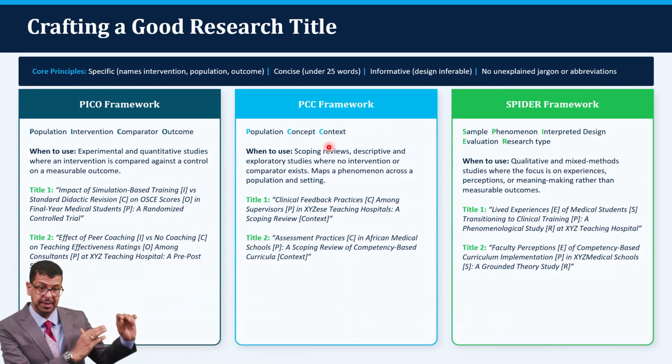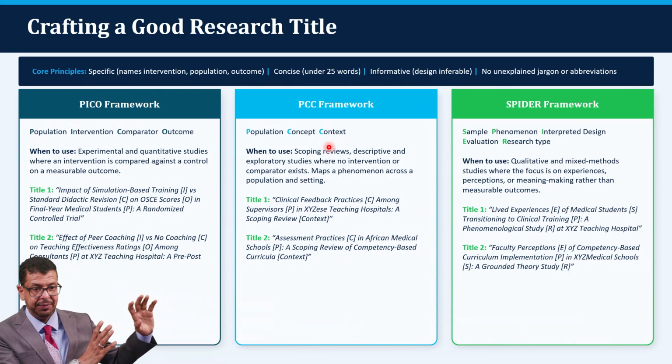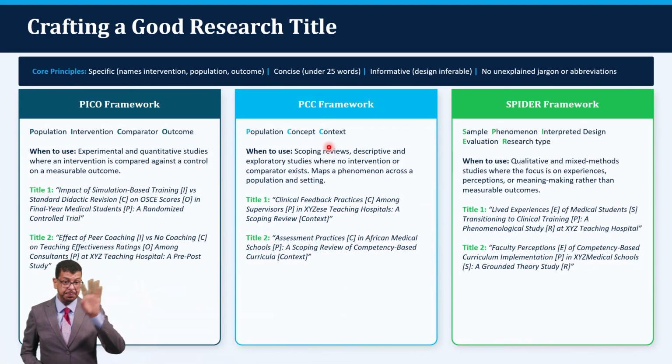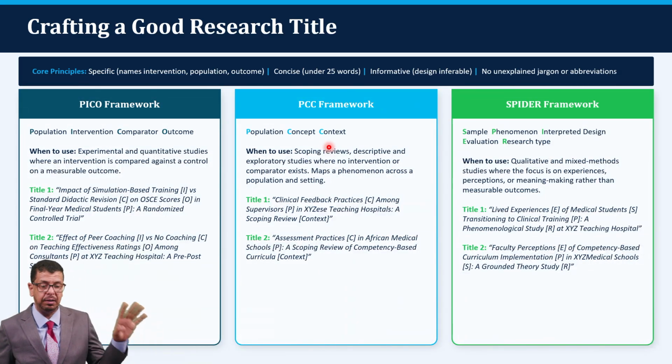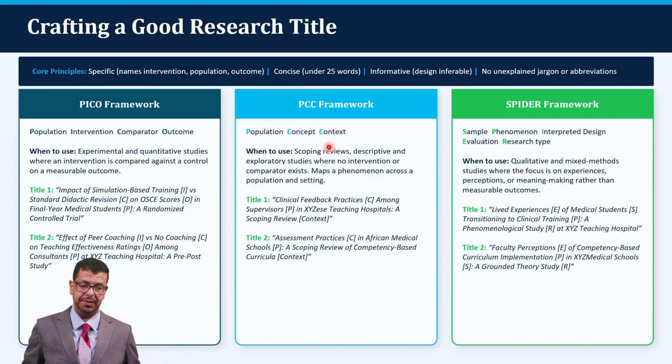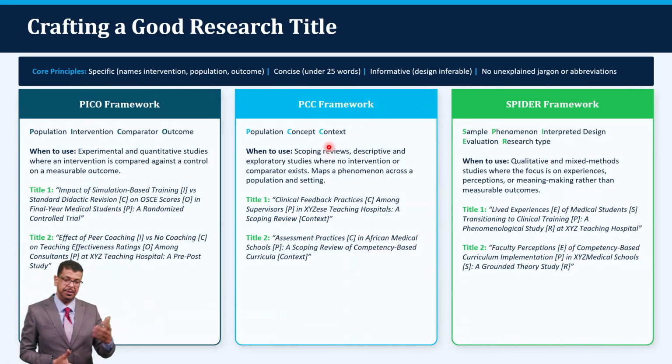So basically, for the descriptive, I should go with the PCC. For the SPIDER one, if I'm doing mixed research methods or qualitative research, in some aspects, I can use this. Let us take an example for PICO.